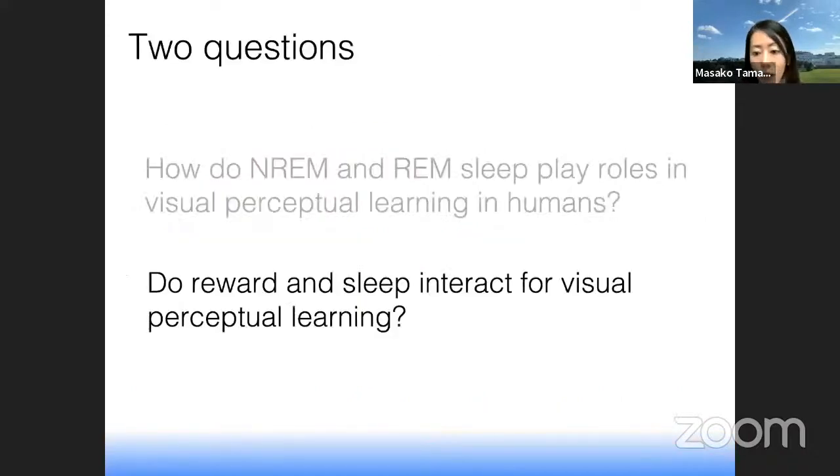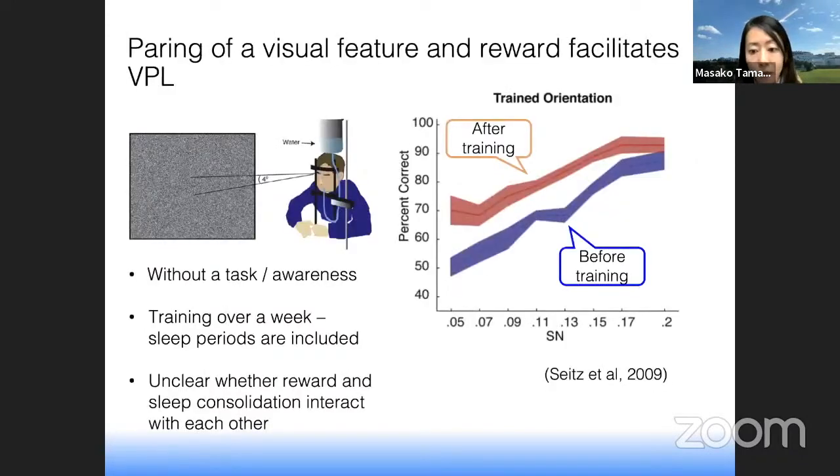Okay, so now I'd like to move on to the second study, where we asked, do reward and sleep interact for visual perceptual learning? So far, I have introduced the effect of sleep on learning, and actually there's another line of study that found that pairing of a visual feature and rewards facilitates visual perceptual learning.